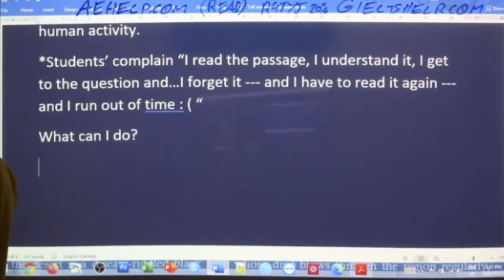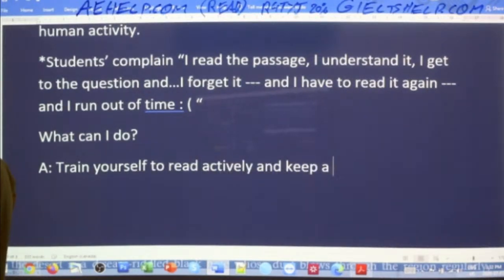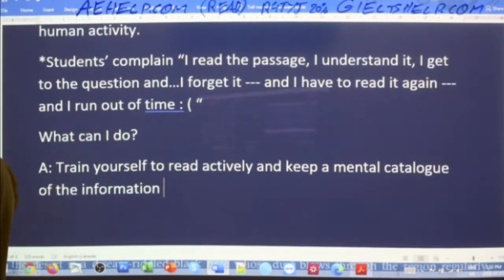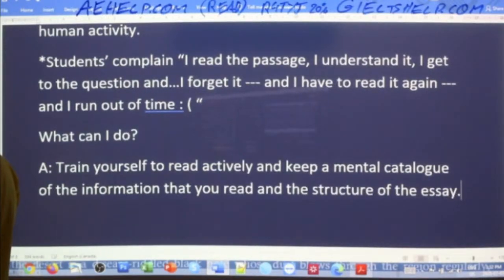Well, what can you do? The answer is train yourself to read actively and keep a mental catalog of the information that you read and the structure of the essay, right?